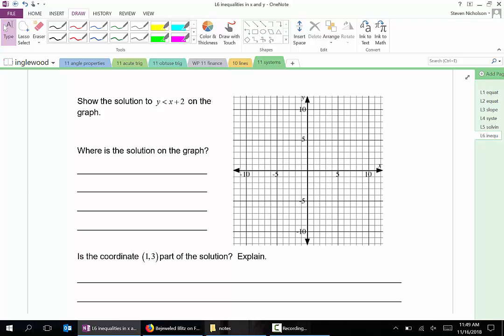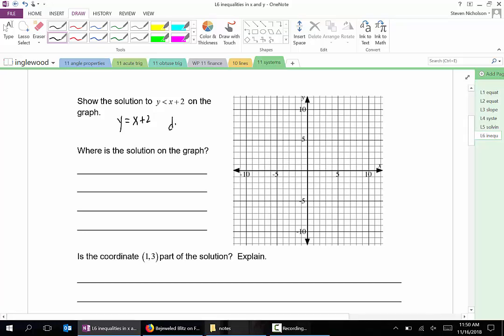As with solving inequalities in X, the first thing we're going to do is show the equation. We're going to show y equals x plus 2, and then instead of deciding which side of that number, we're going to find which side of that line the truth lies.